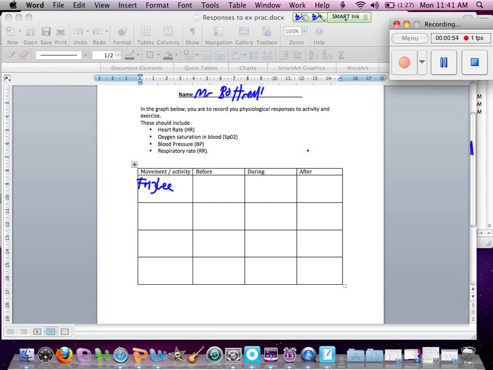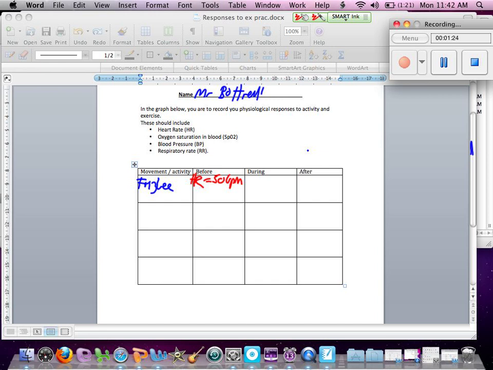Before the activity I took some measurements of what my responses to exercise were. Because I wasn't doing anything, my responses would be really low. So I'm going to write my heart rate. Let's say my heart rate was 50 beats per minute, BPM. Another one I could have done would be respiratory rate.